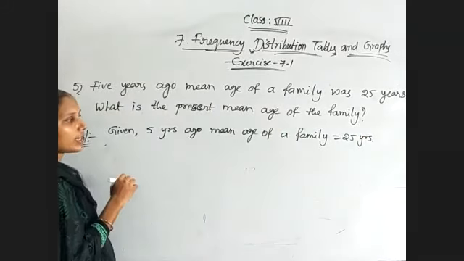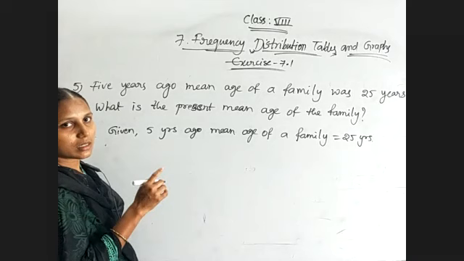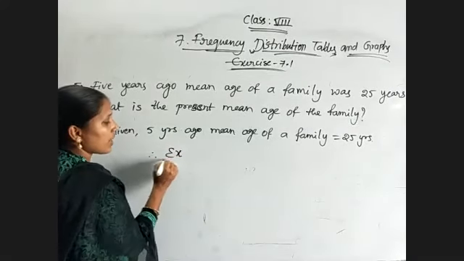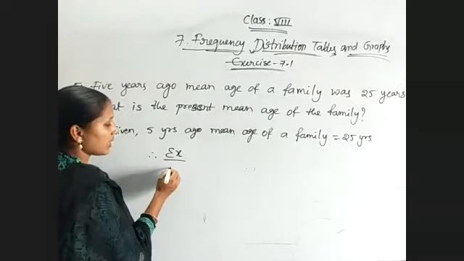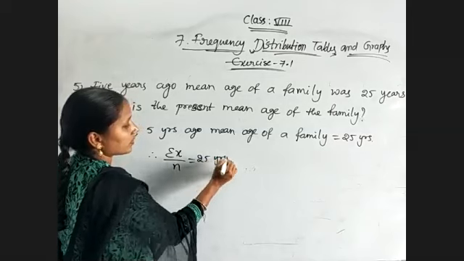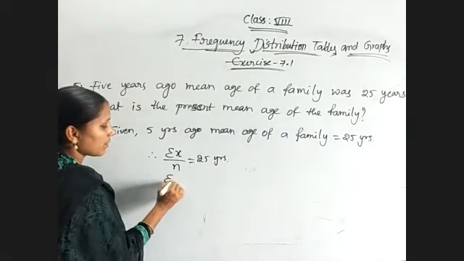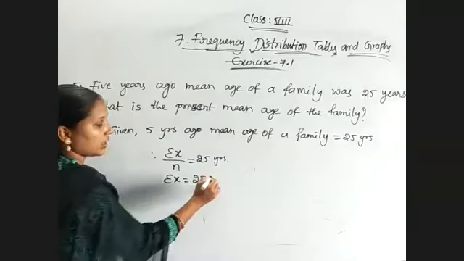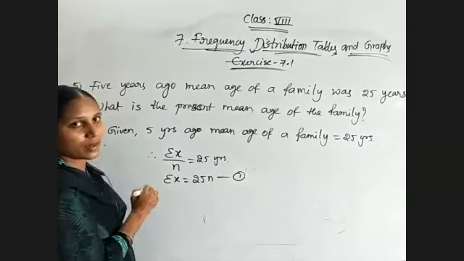Let the number of members in the family be n. Then Σx, the sum of the family members' ages, divided by n equals 25 years. So the sum of the ages will be equal to 25 into n. Let this be equation 1.